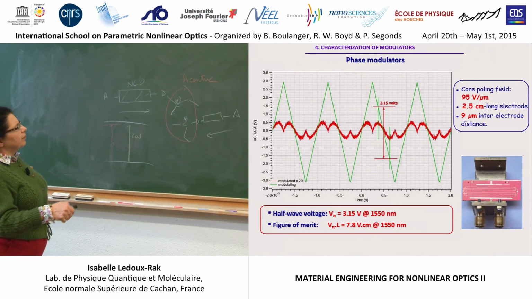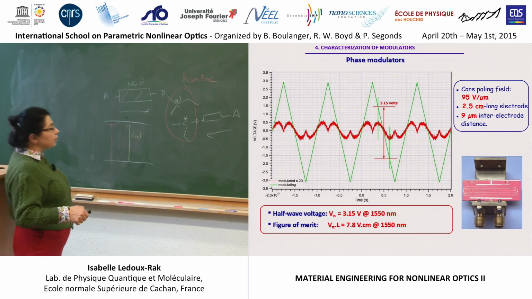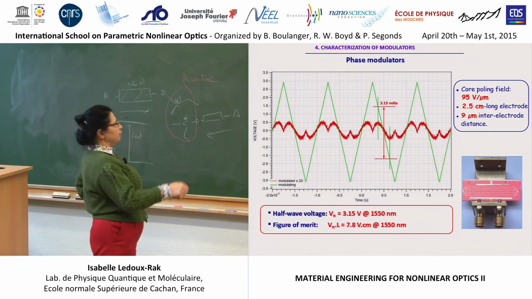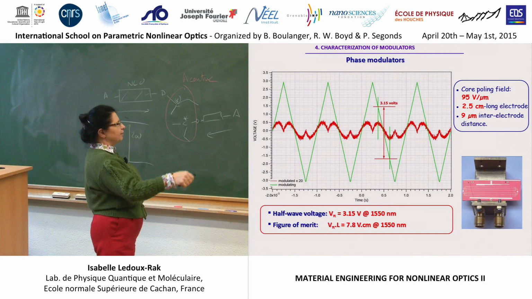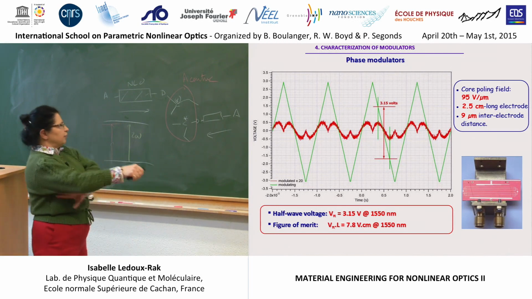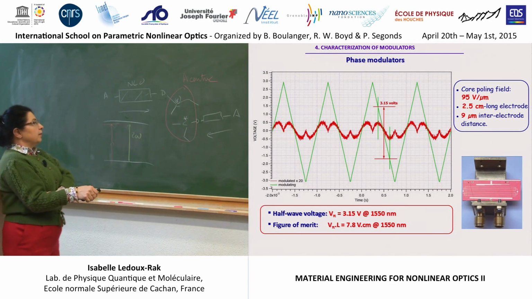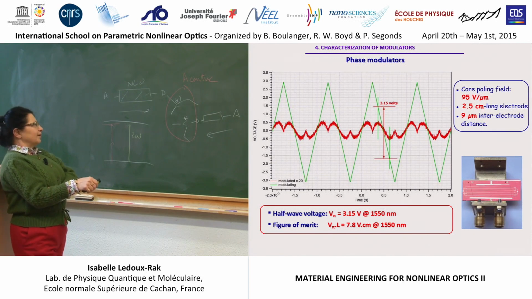For example, in the case of phase modulators, as an example, this is a periodic applied electric field, and this is the optical response obtained from the photodiodes. Don't be afraid about the fact that it's difficult to find the real point, there is a slight departure from the maximum.